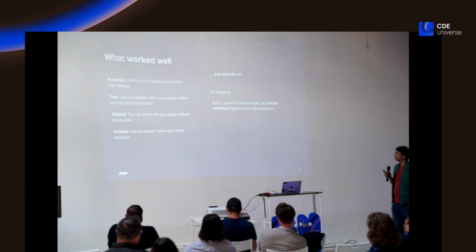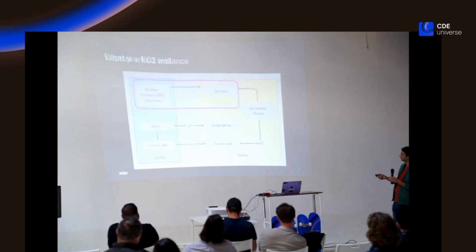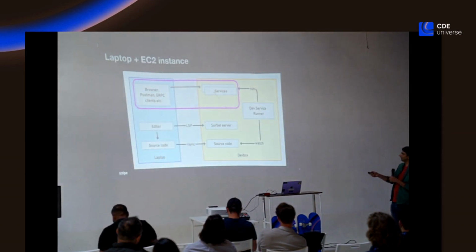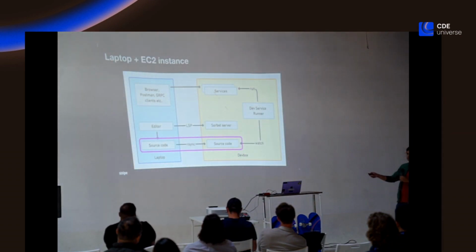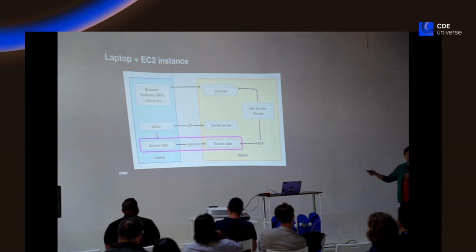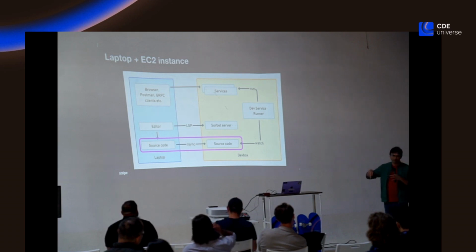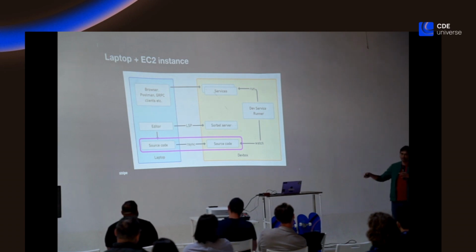What didn't work well is multitasking. If you remember, if you look at the bottom part of this picture, we are syncing source code. This is great when you're making one file change at a time. But if you do Git checkout in a company that has several thousand developers, you're probably pulling down thousands of commits, changing thousands of files.